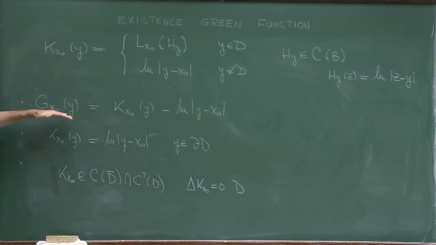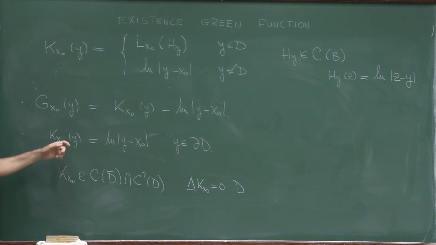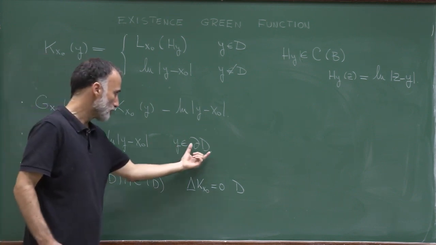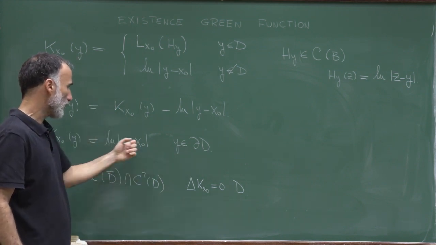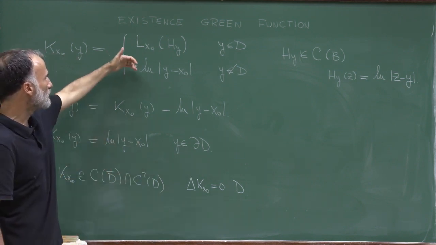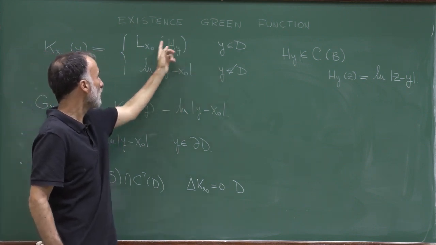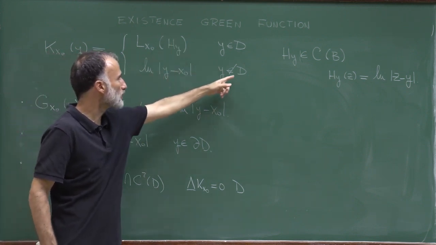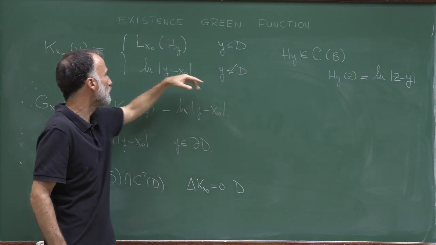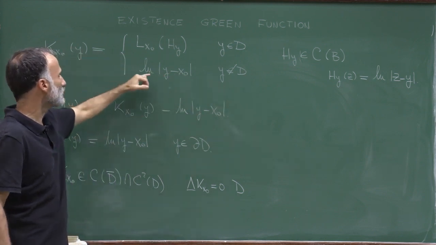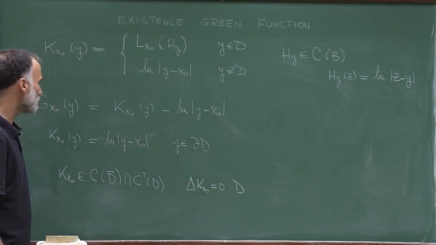And we want to prove that g x0 is indeed a Green function. In order to prove that, what we need to show is that k x0 at the boundary of D is given by the log of y minus x0, but this is indeed the case because outside D, and so in particular at the boundary of D, the function k is defined by log of y minus x0.